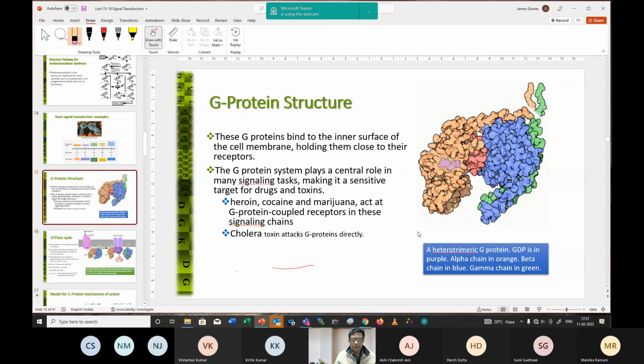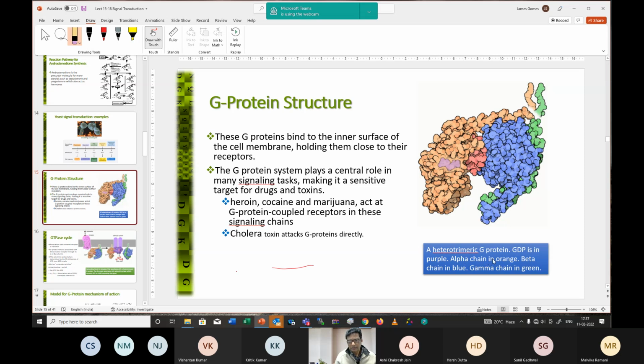So this is the G protein structure. This is a GTPase protein, part of the class of G proteins, and GTPase is one of them. Now, this is a heteromeric protein, actually more than trimeric also.